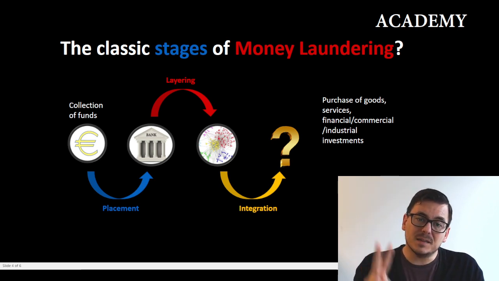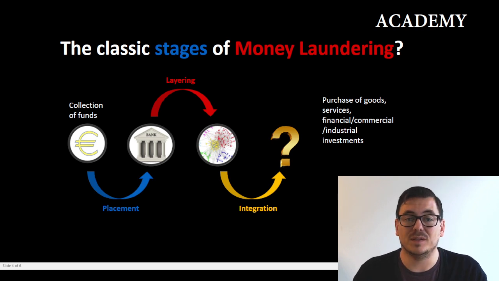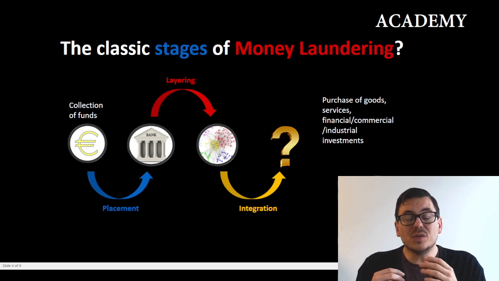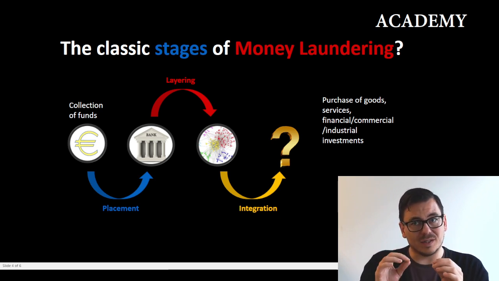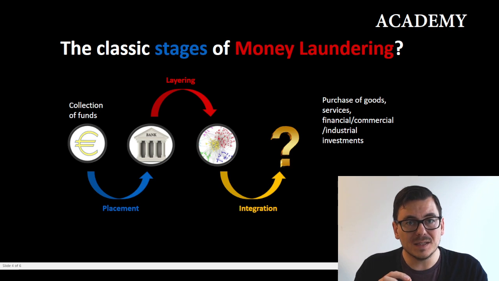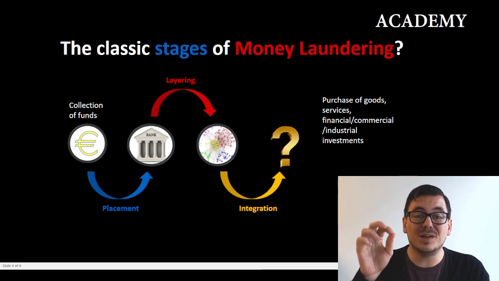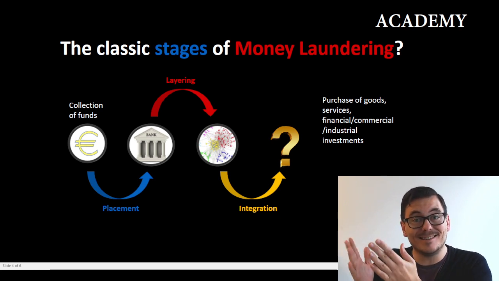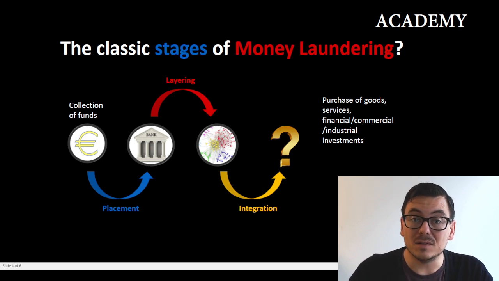The second stage of money laundering is the layering process. This is where we want to disguise the origin. So if anyone at any point thinks that our transactions may be suspicious, it will be hard for them to backtrack and find out where the money originates from. And hence, in that sense, it will be hard to find out if it is illicit funds.